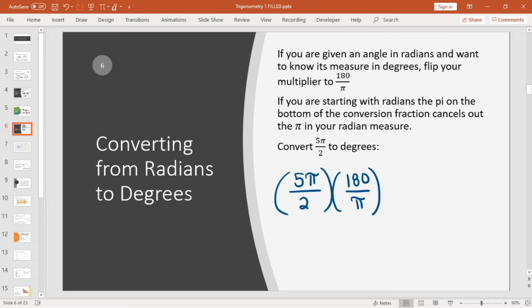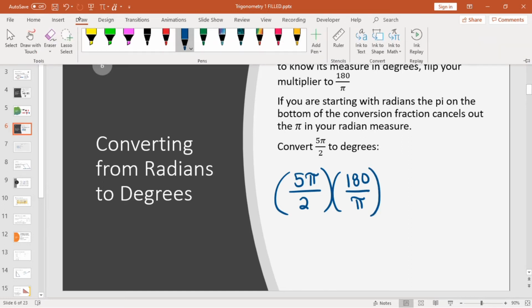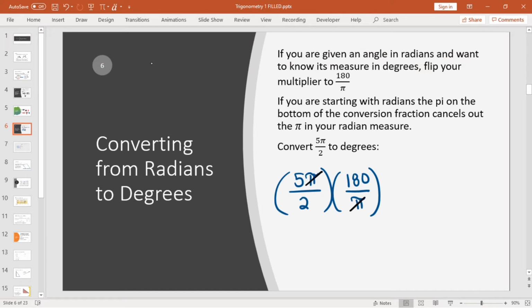It's like we're canceling out that pi value, taking it out of our equation. So we start here, and you can actually cancel the numerator and denominator of different fractions if you're just going to multiply. So I'm going to change this to a 1 and change this to a 90, and then all I'll have left is 5 times 90 equals 450 degrees. Putting that symbol in so I recognize this is a measure in degrees and not a measure in radians.